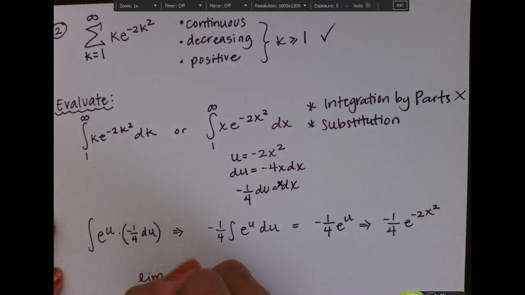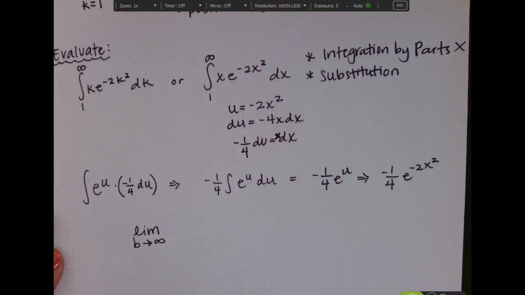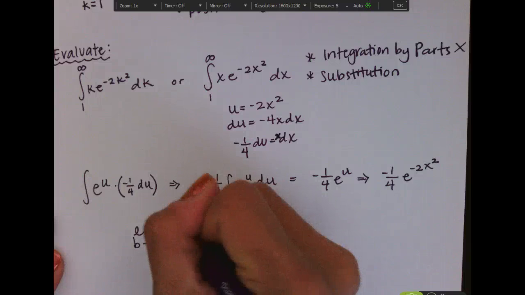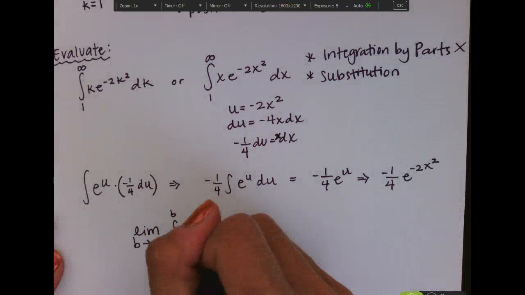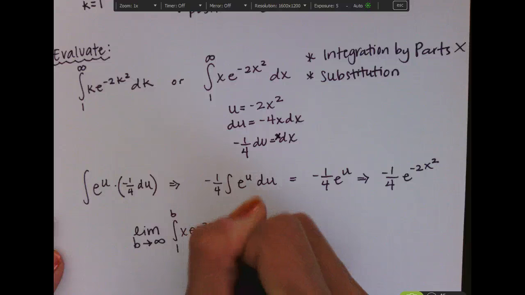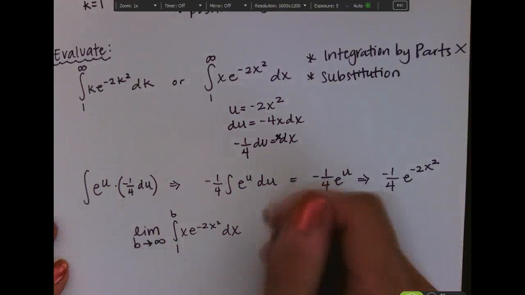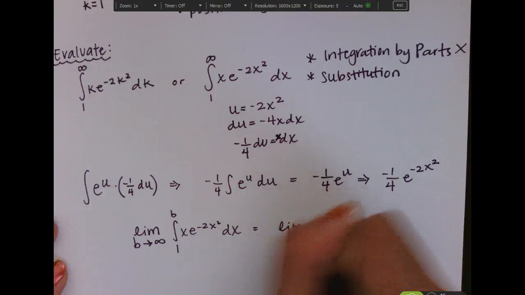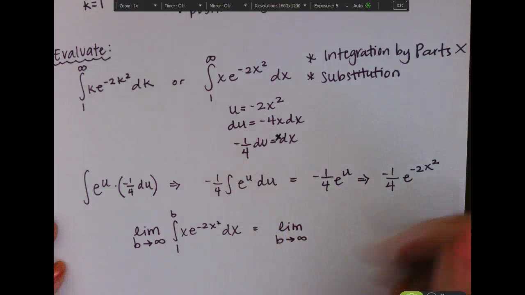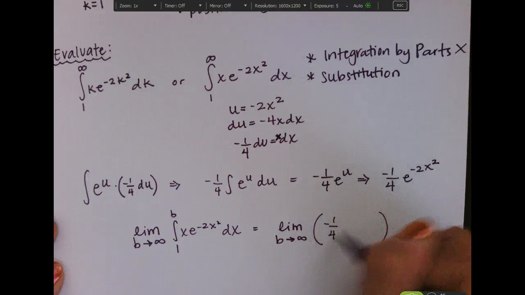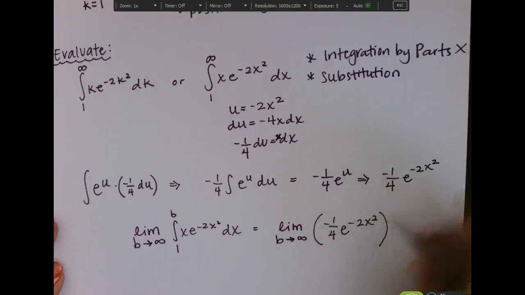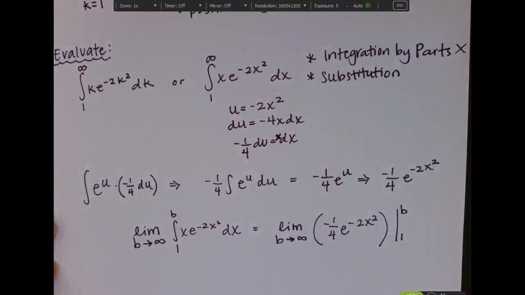Let's go ahead and think about that as well. Well, first of all, I need to get rid of that infinity from my limit of integration. So I'm going to use a b instead. And I'm going to find the limit of that integral as b goes to infinity from 1 to b. Well, since we already found the antiderivative, we can say that we're taking the limit of negative 1/4 e to the negative 2x squared from 1 to b.